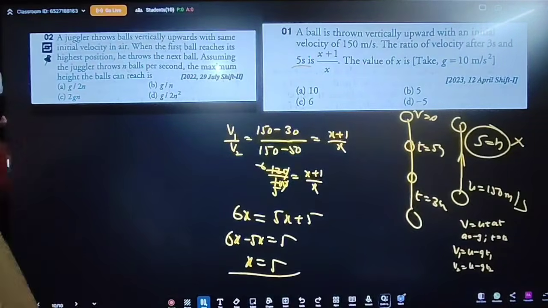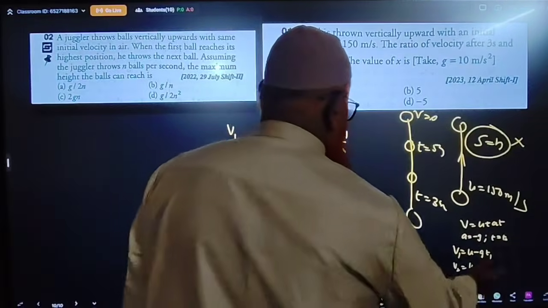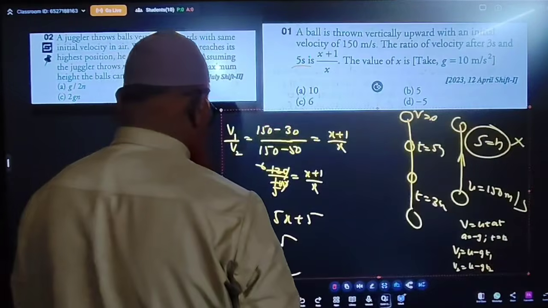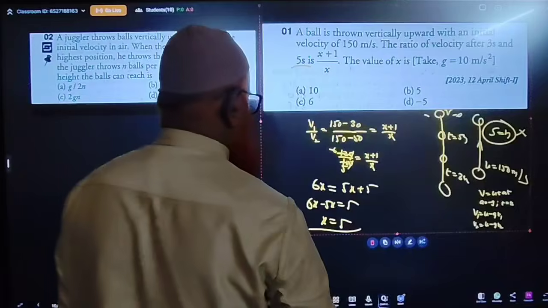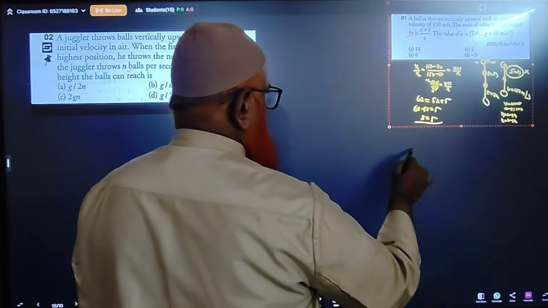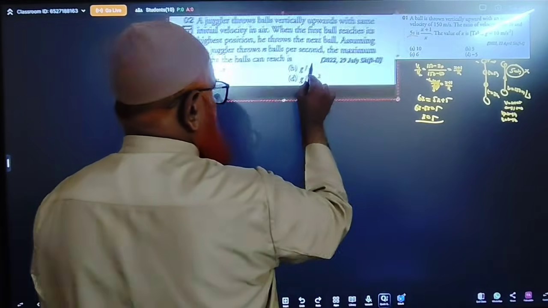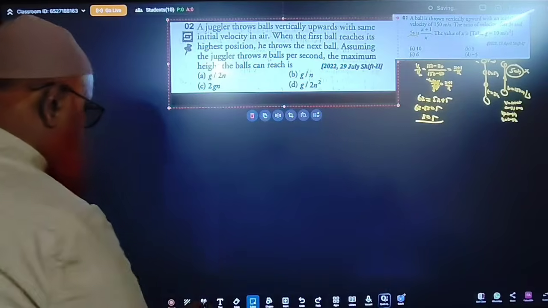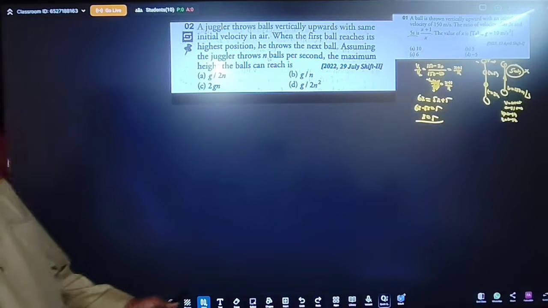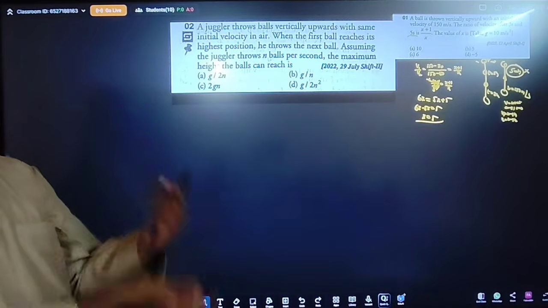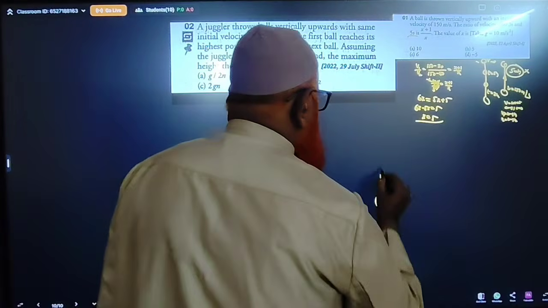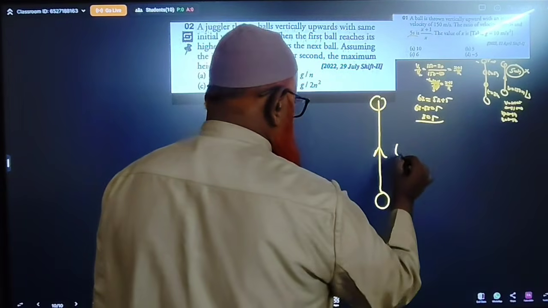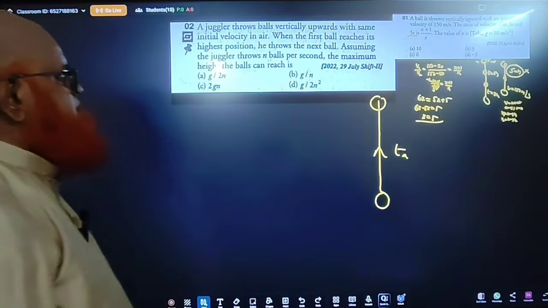So this is the problem. Now see this problem. A juggler throws a ball upwards. The ball will reach the topmost point; this is called the time of ascent.